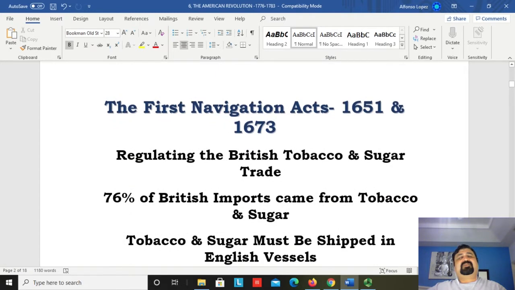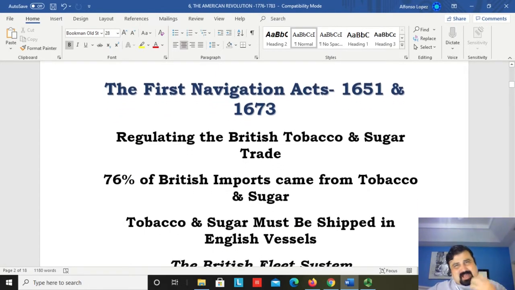So the Navigation Acts were precisely to enforce this flow of goods. The trade itself needed to be regulated and monitored, and as early as 1651, the British Parliament began to issue the first Navigation Acts, which were to enforce trade regulation with the colonies on the American continent.